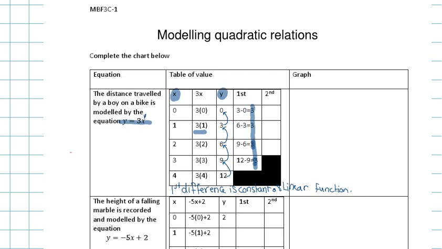If I look at the equation, I know it's linear because it's a degree 1. Who doesn't understand that? Me. Okay. I don't understand.